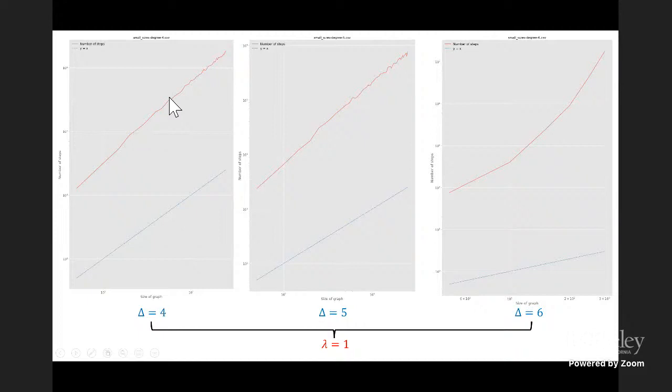And for delta equal to 6, we know that this problem is already hard to see. Sometimes it's possible to take advantage of fast mixing without actually being able to prove it. Thanks, that's all. I'll leave you with this slide.